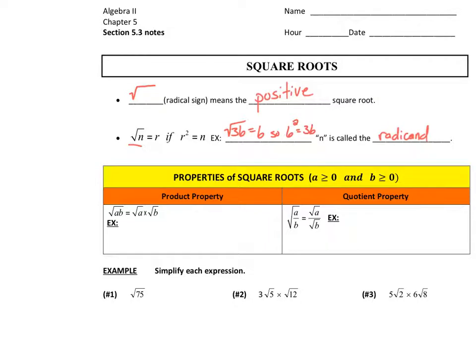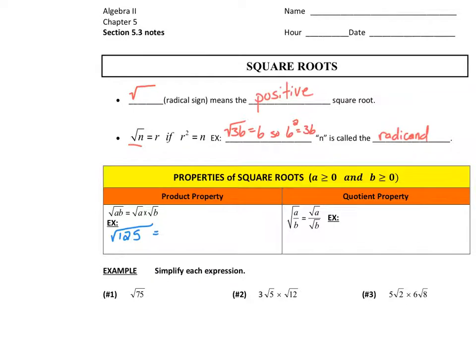So there are a couple properties. The product property says that if you have a square root of two numbers multiplied together, you can actually separate that into two square roots. So an example of this would be if you have the square root of 125.